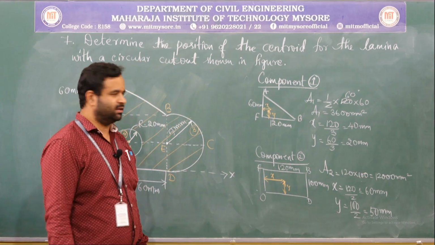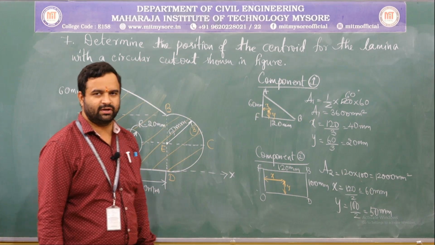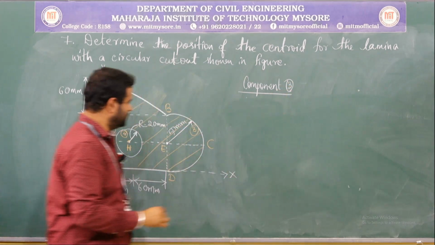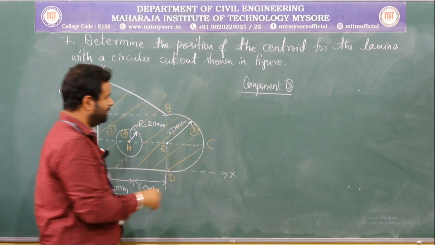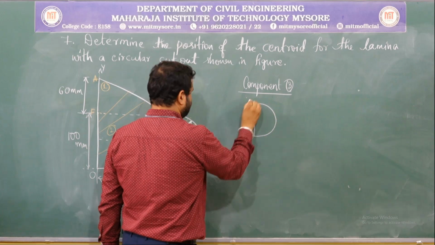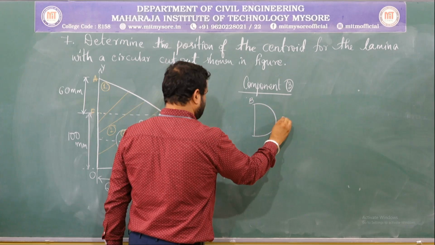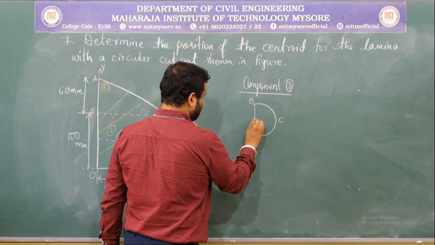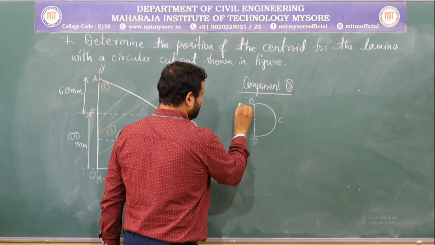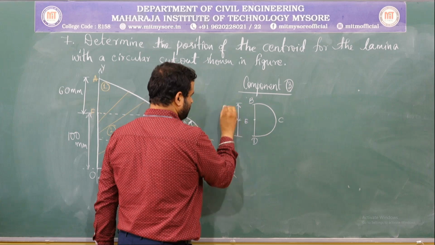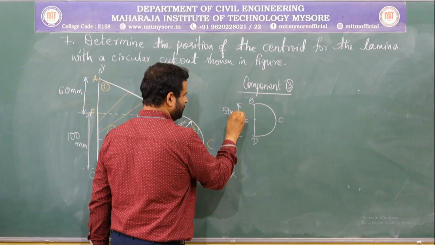Now, we shall calculate the areas of component 3 and 4. So, component 3 is our semicircle. B, C, D and E. So, now the radius is given as 50 mm.